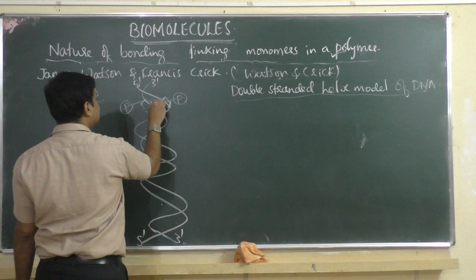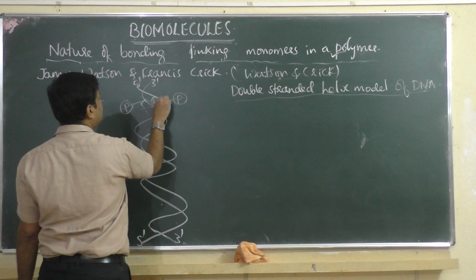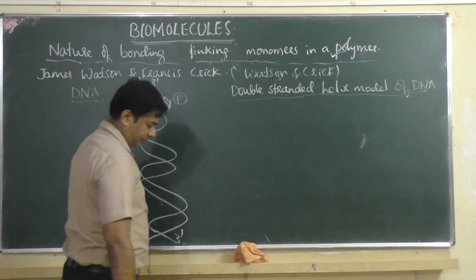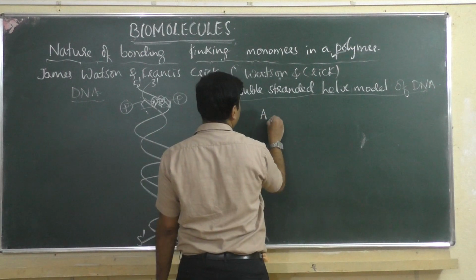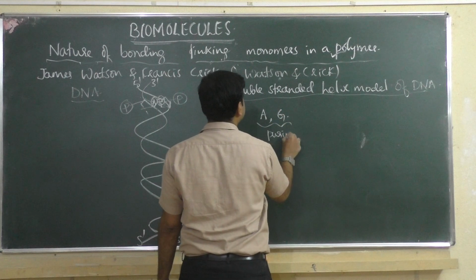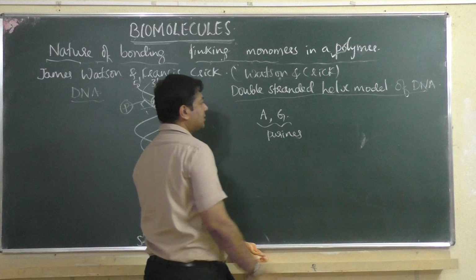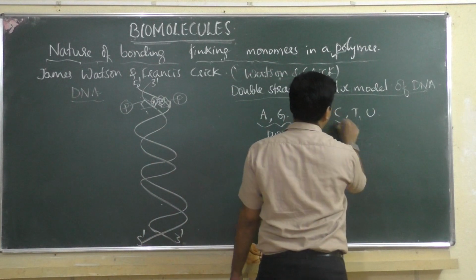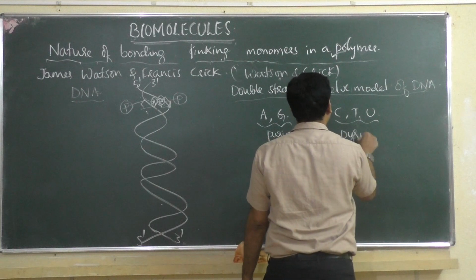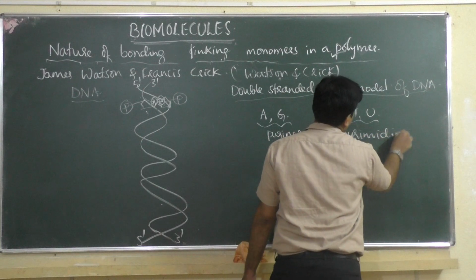Like suppose A is there, then on the opposite side T comes. I'll tell you why. It is because you know already that A and G, adenine and guanine, are purines, one type of nitrogenous compound. Then cytosine, thymine and uracil are called pyrimidines, another type of nitrogenous compound.